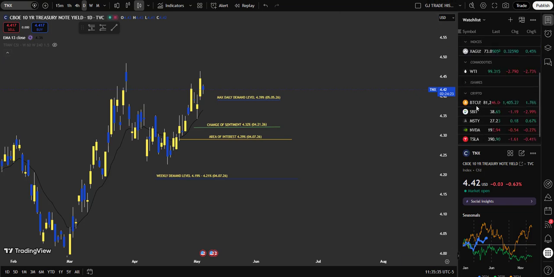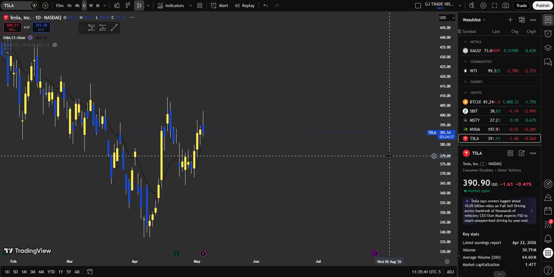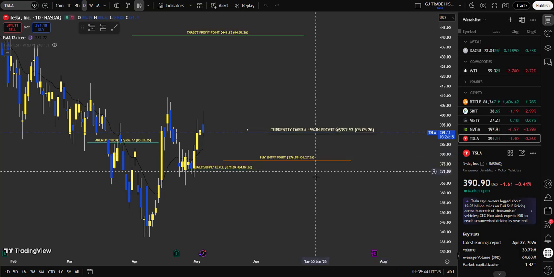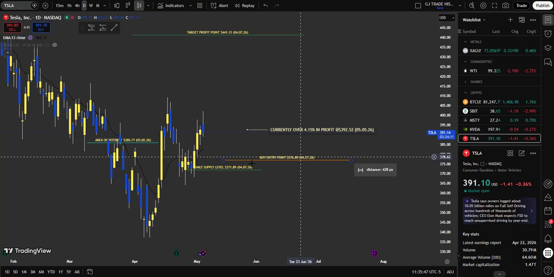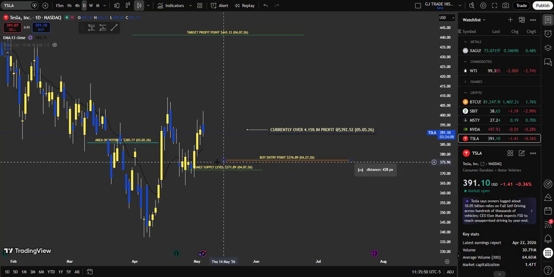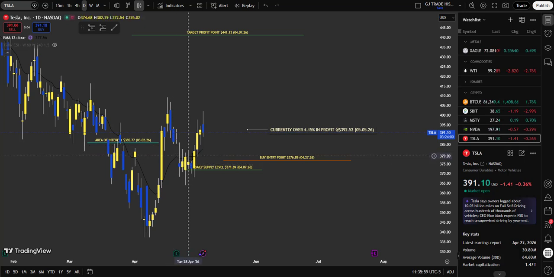Okay, I'm going to move on to Tesla. So we have a trade in Tesla now, where we actually entered at 376.89, and back on the 27th of April was where we had that set up. So back around roughly around here, price gapped down and took us into this trade.